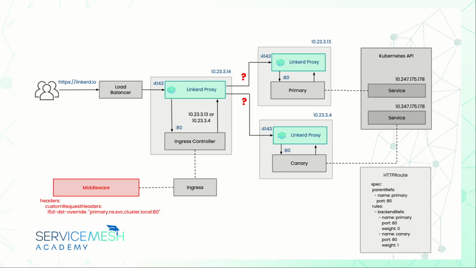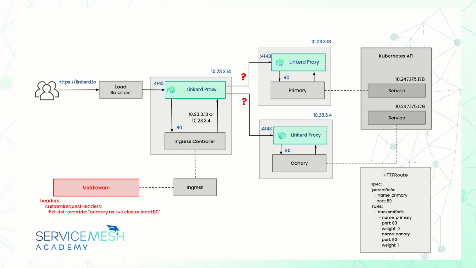And then we have the Linkerd proxy. So when the request reaches the proxy, it will see the pod IP, which in this case is going to be primary. If you didn't have this custom header, it would simply send the request to the primary. But that's not what we want, because we want it to be routed to the canary with weight 1.